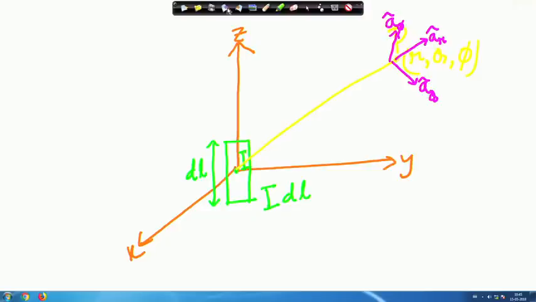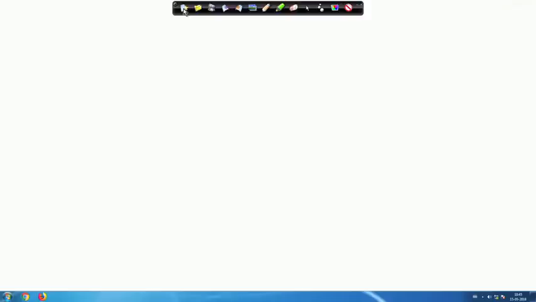In all theta and phi it will be looking the same, though definitely it has some r variation.